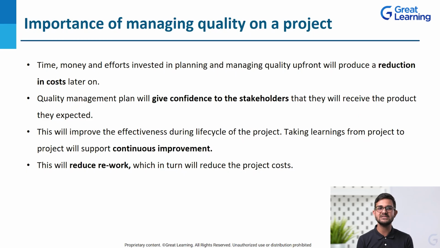So the first point, as you can see over here, is that time, money, and efforts invested in planning and managing quality upfront will produce reduction in costs later on. Just assume two scenarios. Scenario number one, where you have a proper plan from the beginning itself.